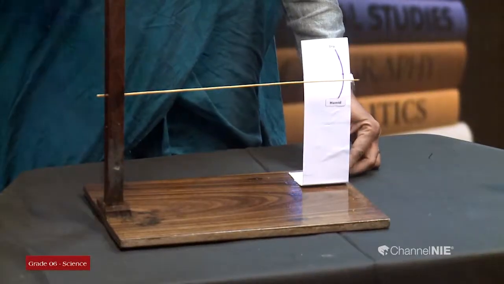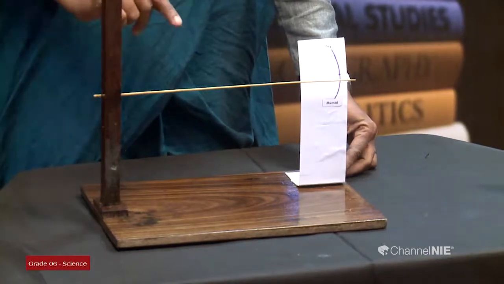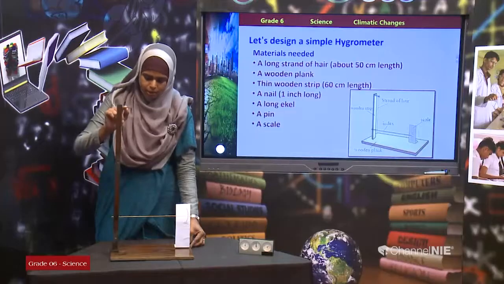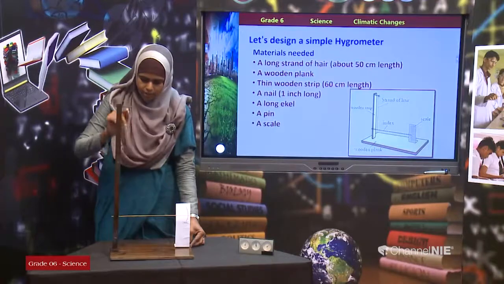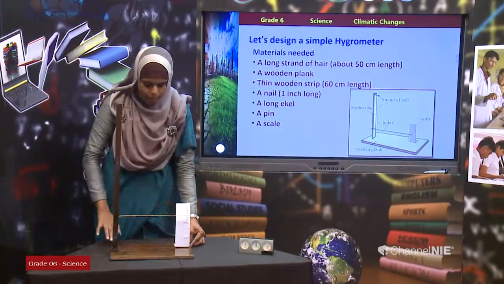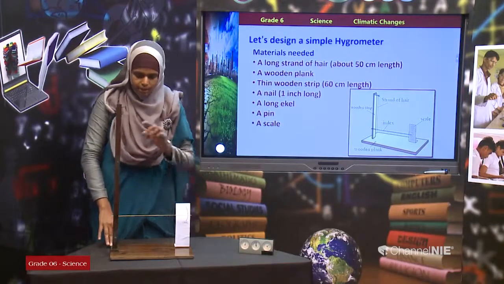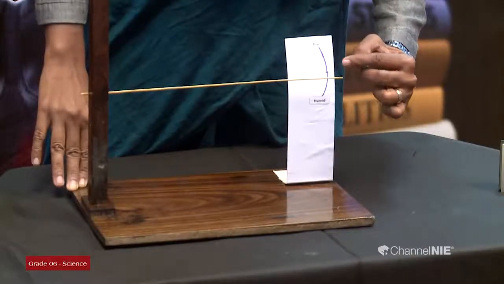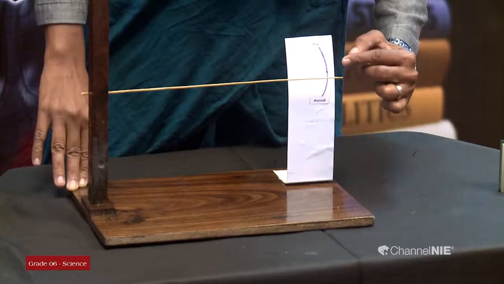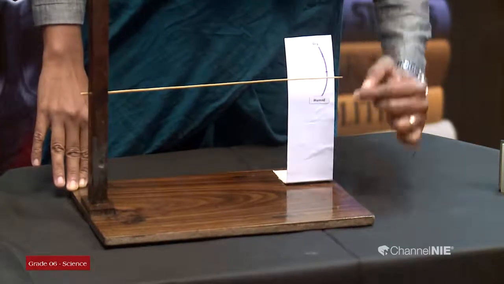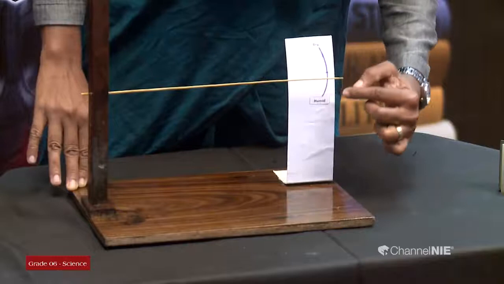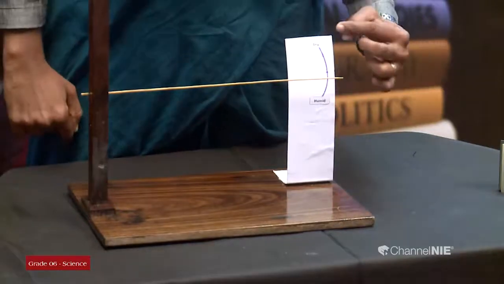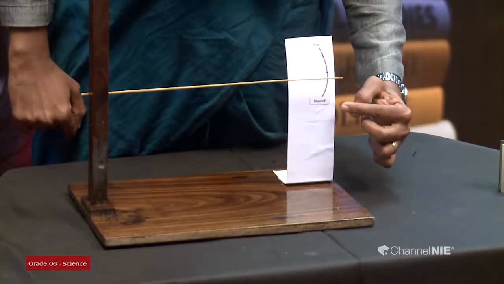The eagle is fixed and the nail and eagle are connected with this hair, right, and it is kept horizontally. The indicator shows the middle value, and the scale has dry and humid, the two values, dry on top as well as humid.